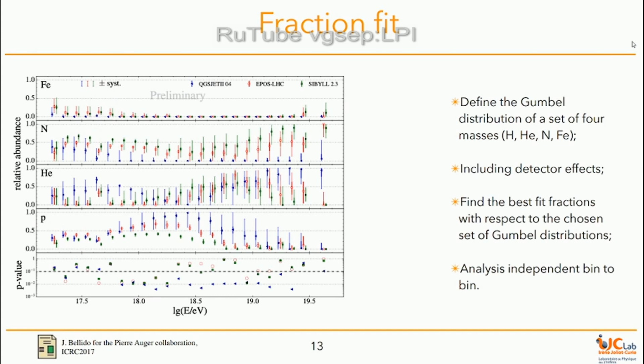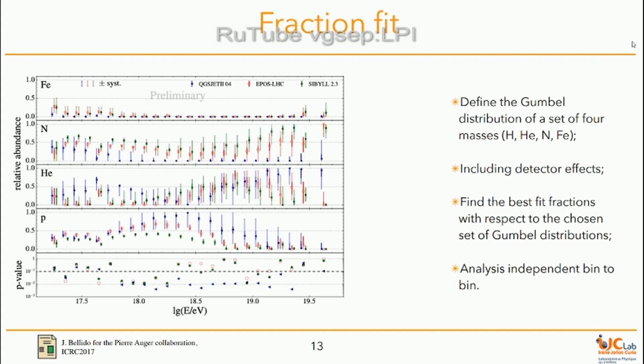For example, at 10 to the 18, if we take EPOS, which are the red dots, we can see that we can describe the mass distribution that we have with more or less 60% of protons, no helium, 40% of nitrogen, and basically no iron.